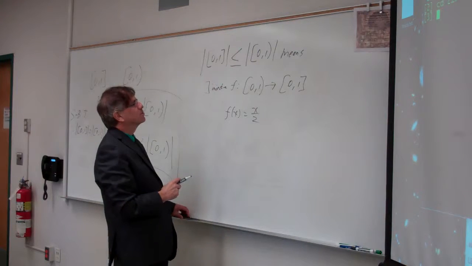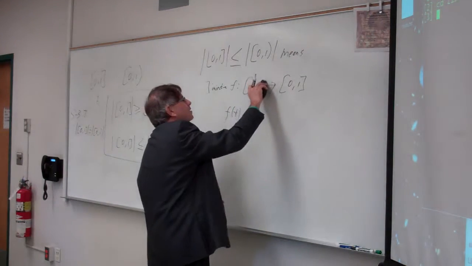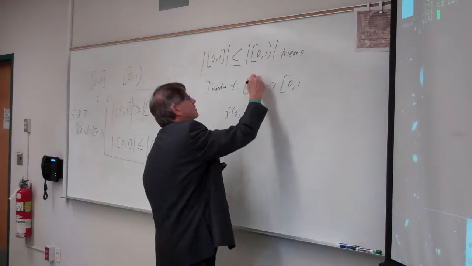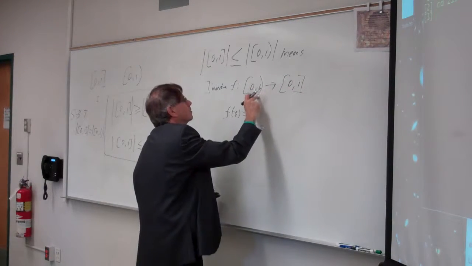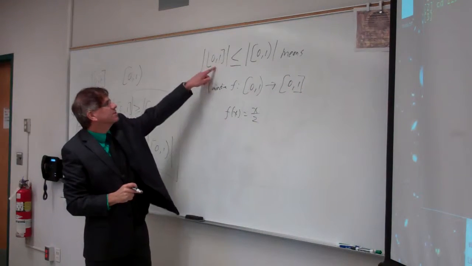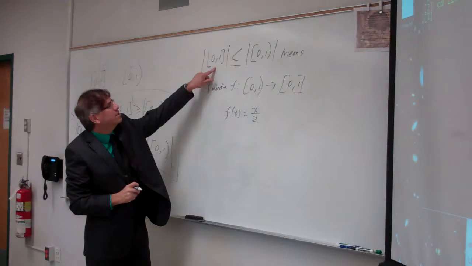Did I do this backwards though? Yeah. That's the easy direction. Here's the harder direction. Right, so if this is smaller, we need an injection. If I had it right.